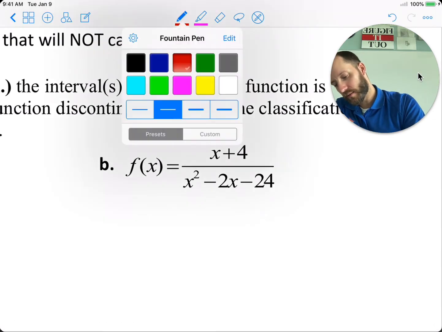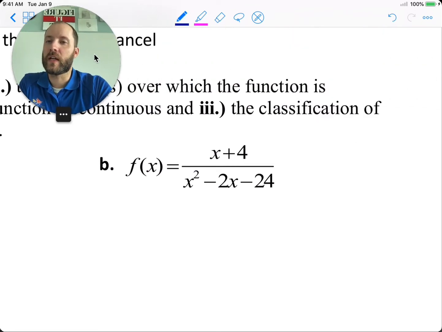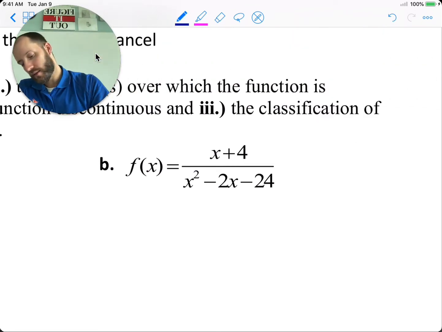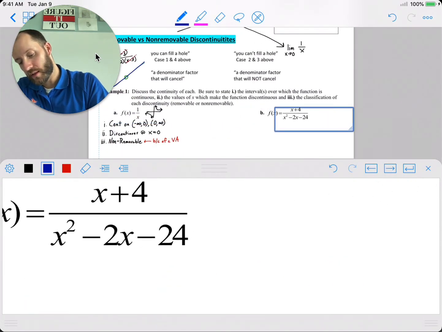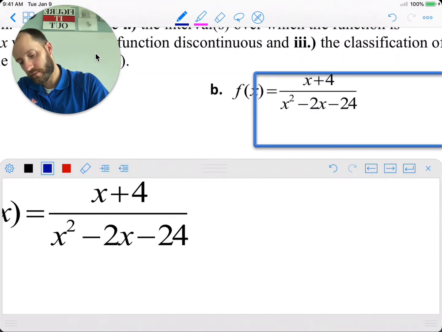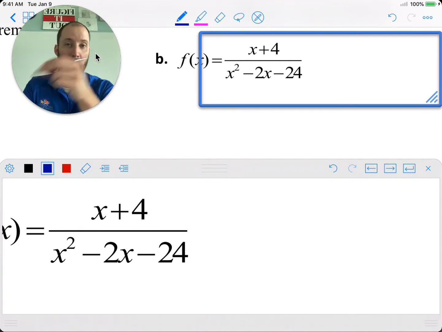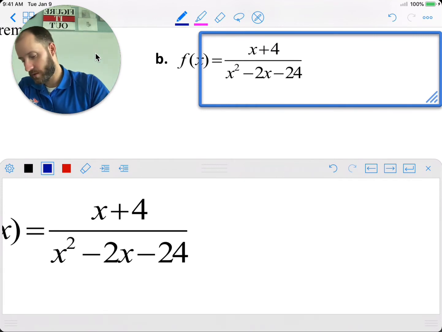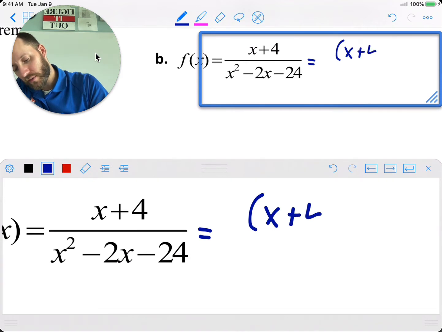Example B. Let's start the problem by noticing that this is a polynomial rational function. So let's factor the bottom. That's a quadratic that can factor into two sets of parentheses. x plus 4 in the top, not too much you can do there.